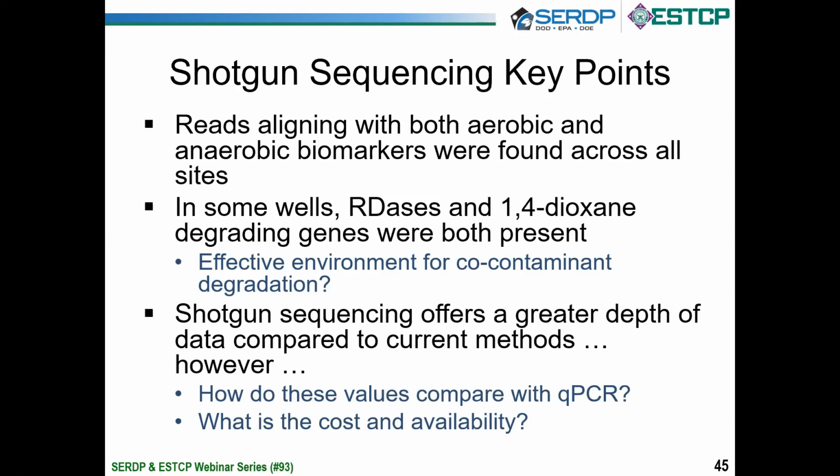We generated preliminary data indicating a positive correlation between the 2 methods for VCRA, which I didn't have time to talk about today. However, additional data is needed for other functional genes and also for a wider range of gene concentrations. Also, the approach can be expensive. Our cost was approximately $210 per sample, and there may be some issues regarding the availability of the method.